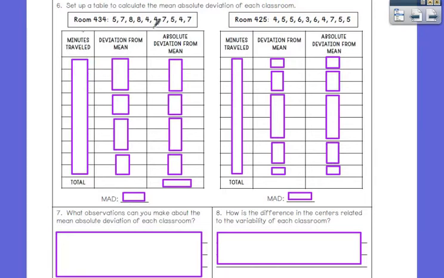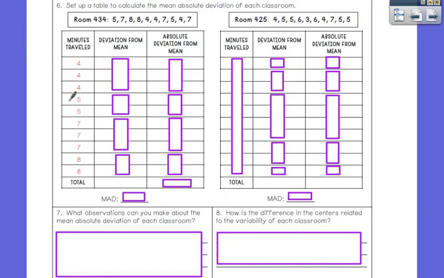So I'm going to list these numbers in order from least to greatest. So I had 3 4s used, 2 5s, 3 7s, and 2 8s.